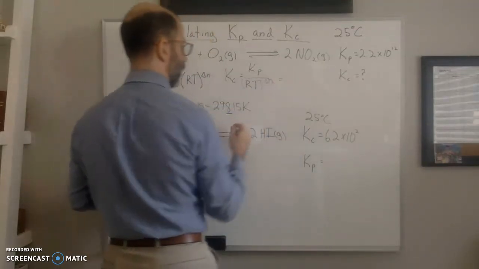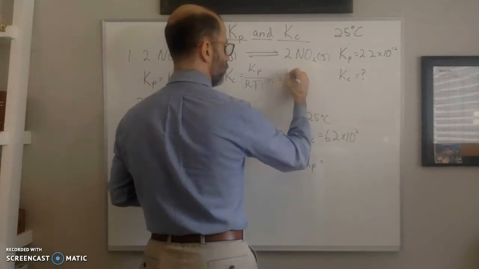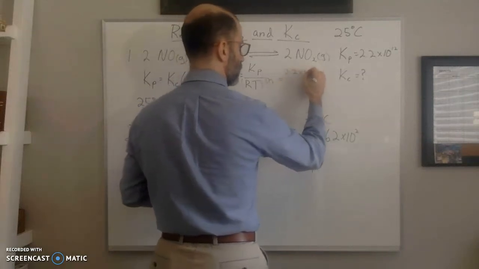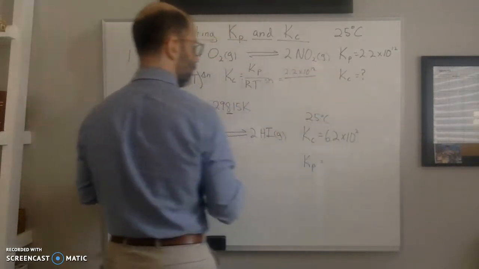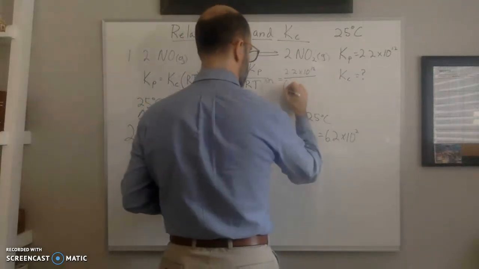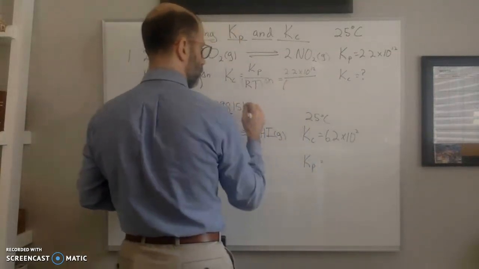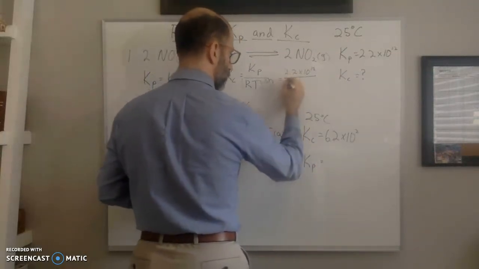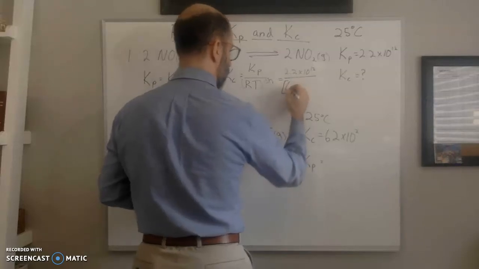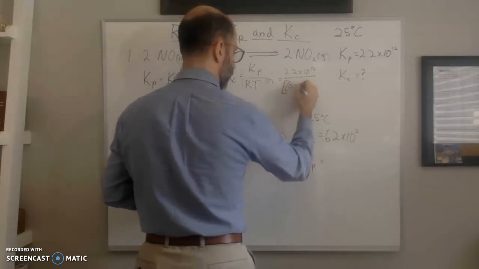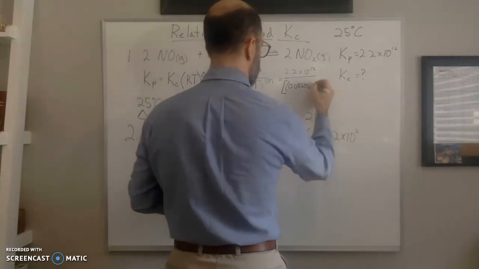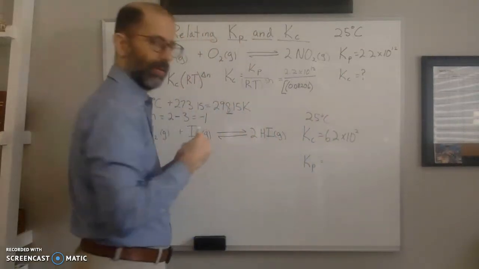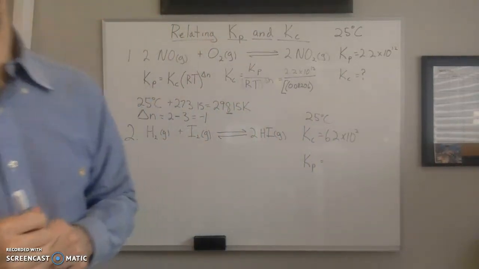So if we put in our values, the Kp is 2.2 times 10 to the 12 divided by RT. R is going to be, here I'll put this as a square bracket, 0.08206.